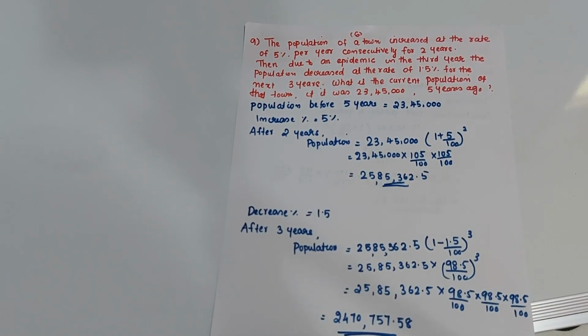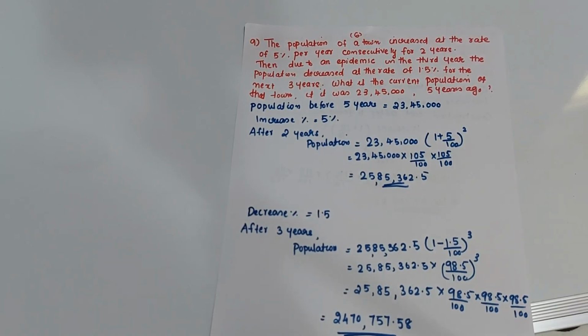After simplification, after 3 years it is equal to 24,70,757.58. This is the population after 5 years. After 2 and 3 years, that means after 5 years, the population is 24,70,757.58. Okay students, thanks for watching.